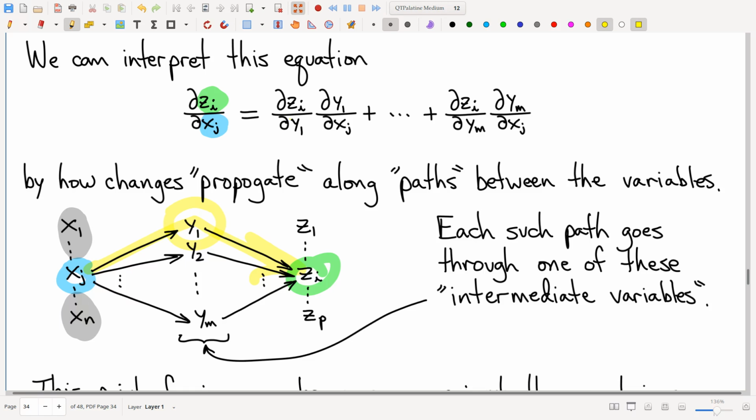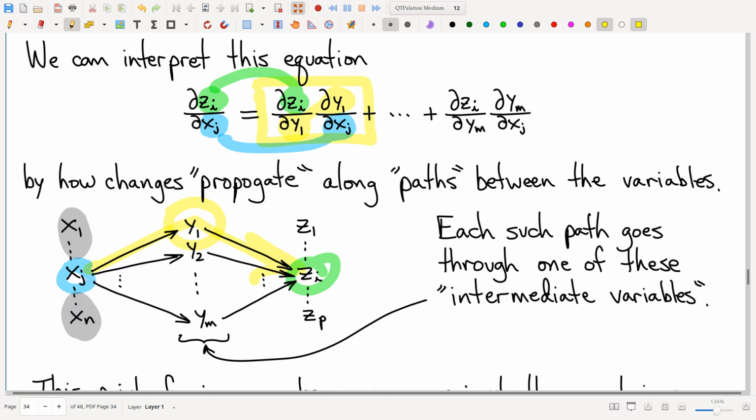That intermediate variable shows up in exactly the same way in these terms every time. And this is always the same as that. So the structure of these terms always looks alike, and you always get a term corresponding to every path, corresponding to every intermediate variable.